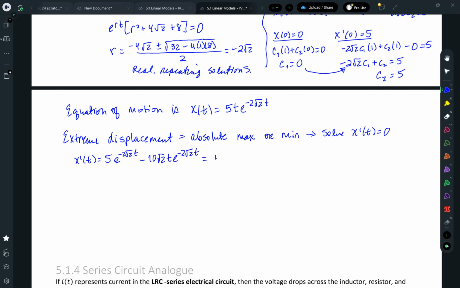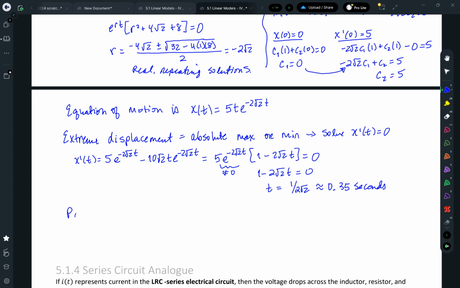I can pull out a 5, and I can pull out an e to the minus 2 square root 2 t, and that leaves behind a 1 minus 2 square root 2 t, and set that all equal to 0. Now the exponential function will never be equal to 0. So that means that 1 minus 2 square root 2 t must be 0. So t is 1 over 2 square root 2, which is approximately 0.35 seconds. That's the time when we get extreme displacement.